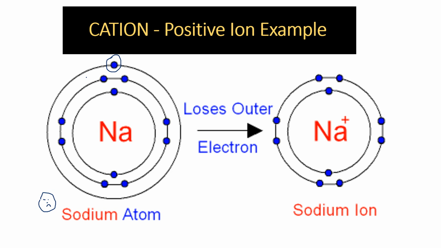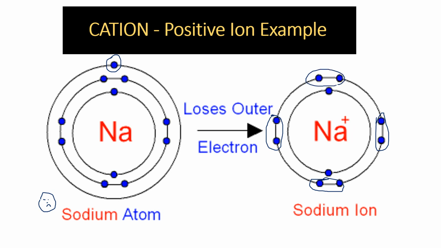In order for it to have 8 on this outer shell, if it was gaining, it would have to gain 7 more electrons. But look what happens if it loses this electron right here. We drop one of those energy shells, so it completely disappears. When the electron goes, the energy shell drops to the next one. And if you look, energy shell number 2, orbit number 2, has got 8 valence electrons in it.